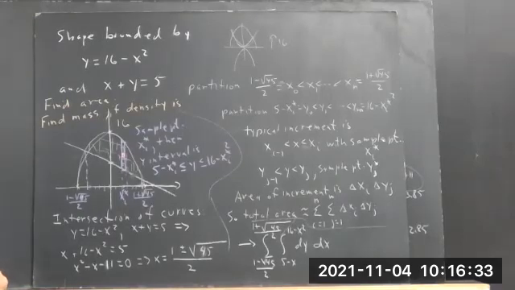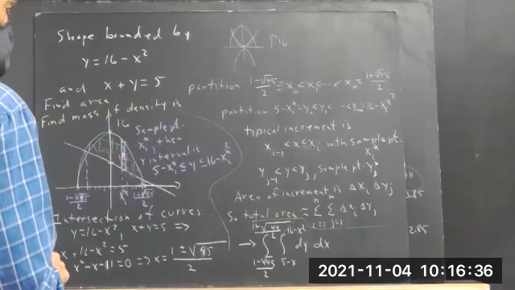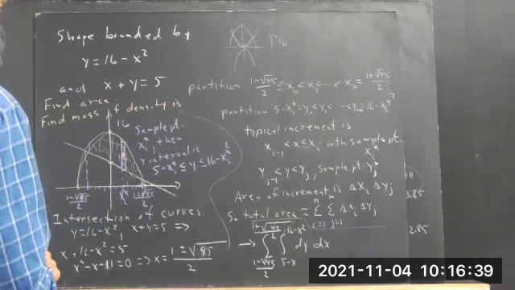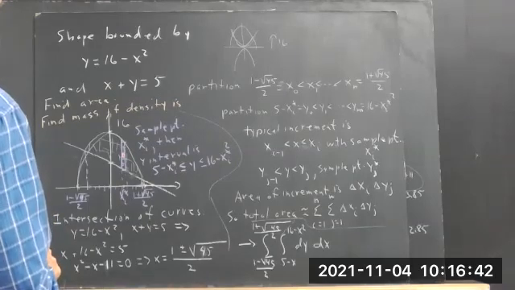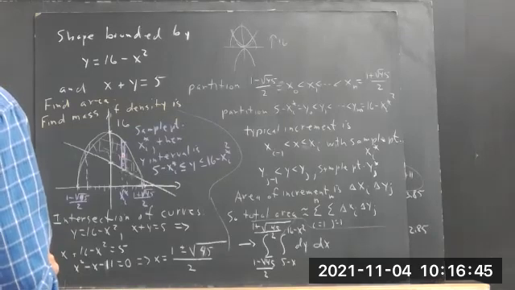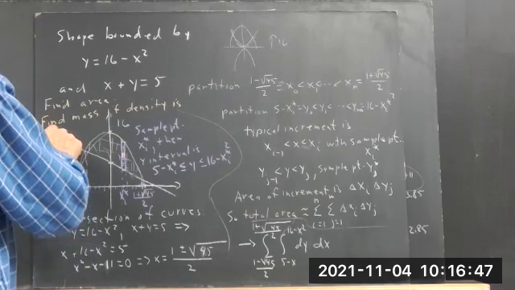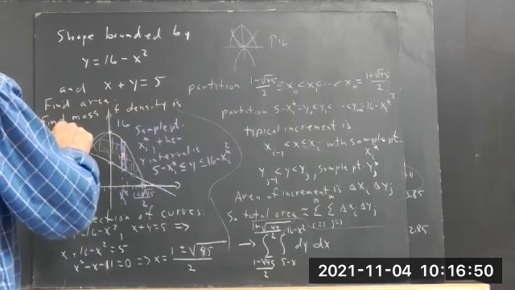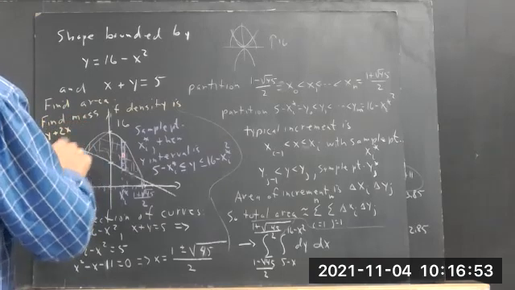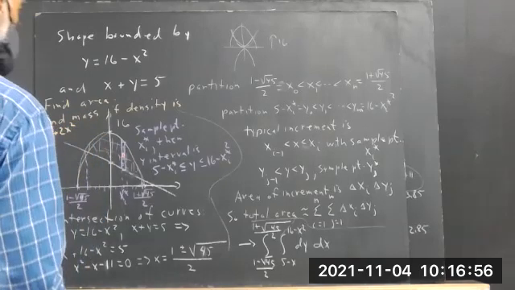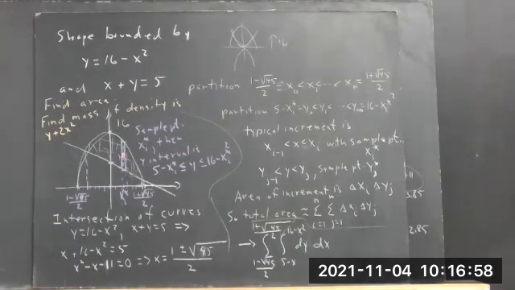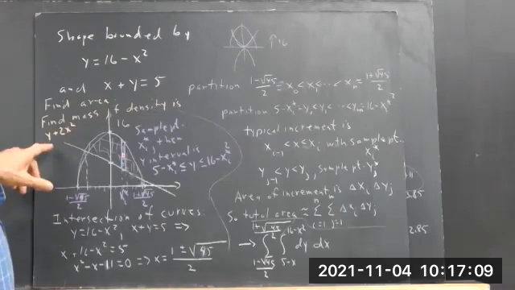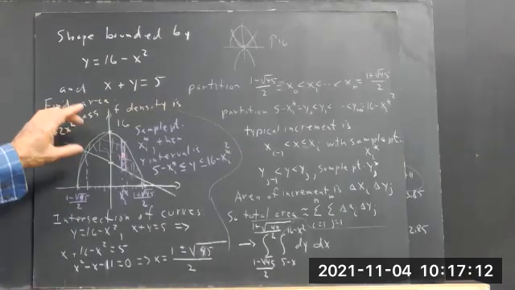If the density is... we don't want to get a negative density. So we'll just use a simple density function like y plus 2x squared. Now, what's that mean? How does y plus 2x squared vary over this region?